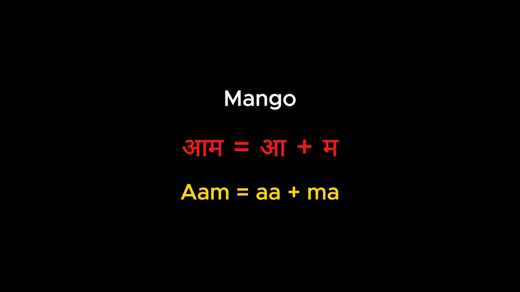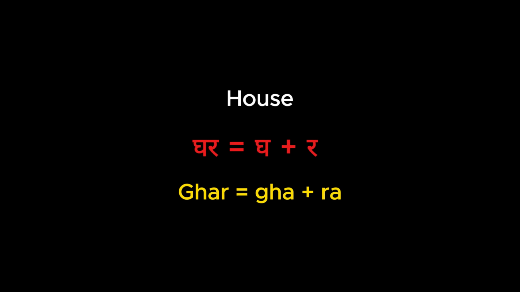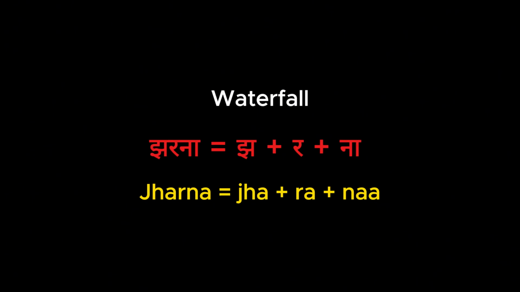A plus ma. It becomes am. Ka plus ra. It becomes kar. Charna. Ta plus ra plus na. It becomes charna. Like this, you can form any letters you want to.